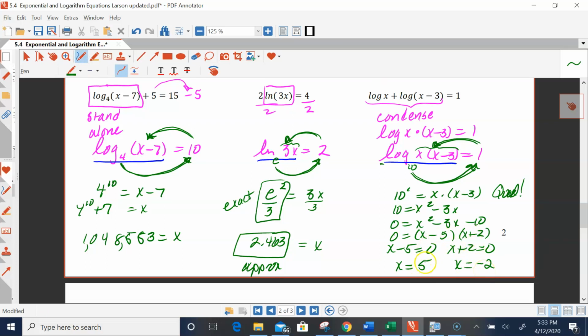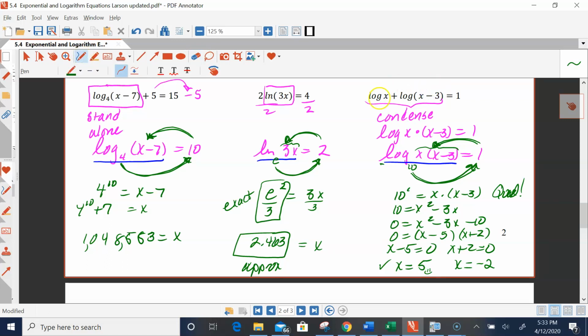If I put 5 in the original problem for my x, I end up taking the log of 5 and the log of 5 minus 3, which is 2. I'm okay because I'm not taking the log of a negative number. x equal to 5 is good. Let's plug in a negative 2 for x.